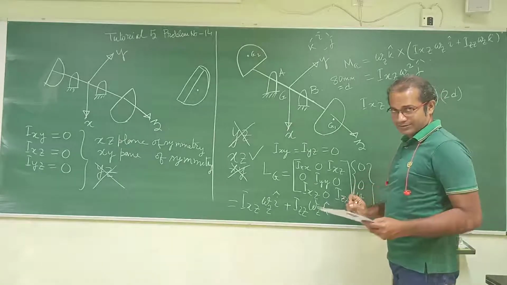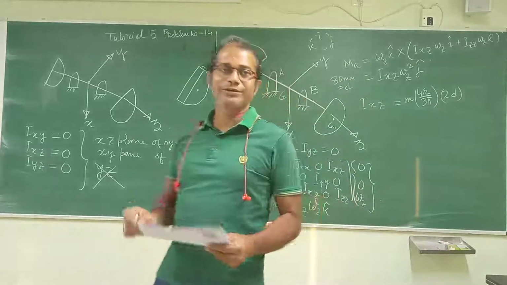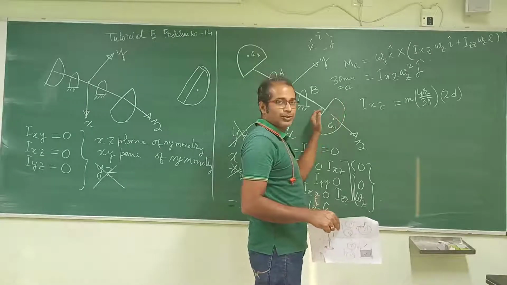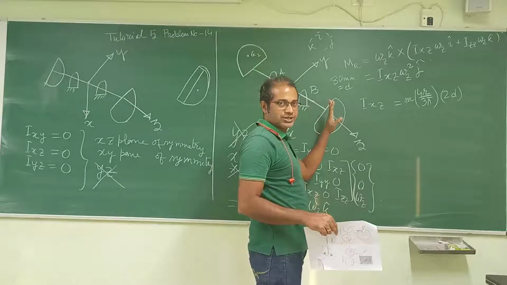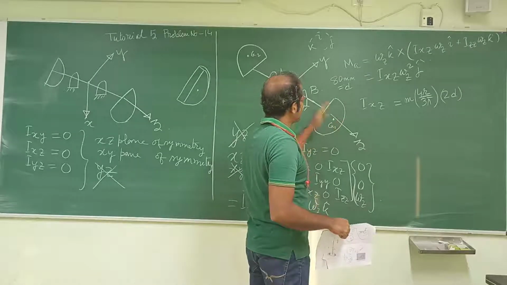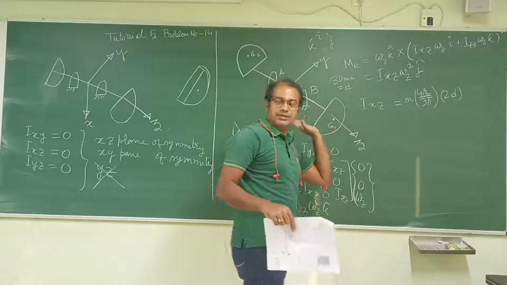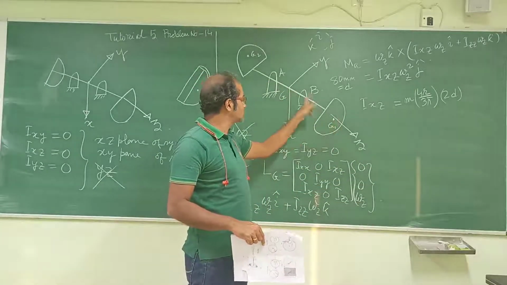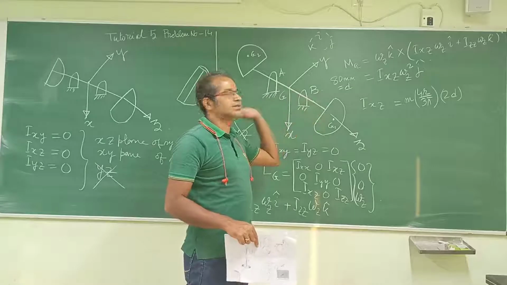Is it clear? At the G1 point, all the products of inertia are going to be 0. So with respect to the G point, what you get is the shifting of the coordinate or origin: you are going to move by x and z.